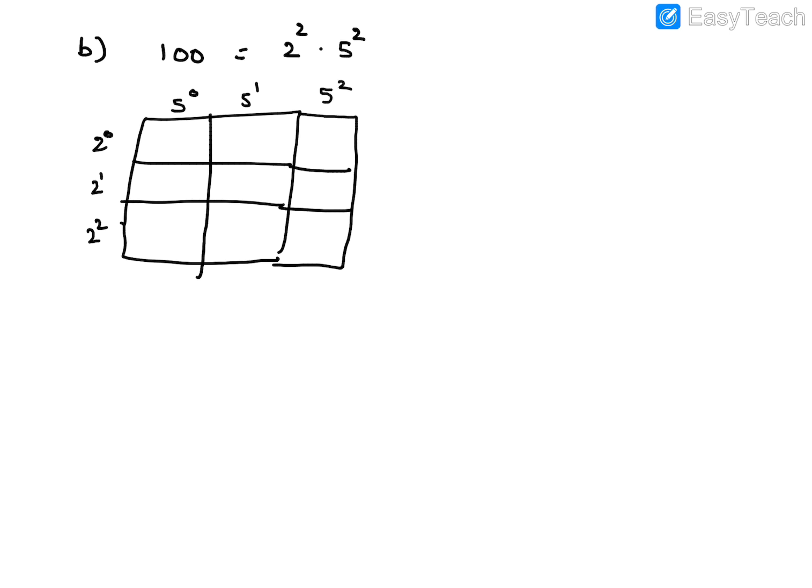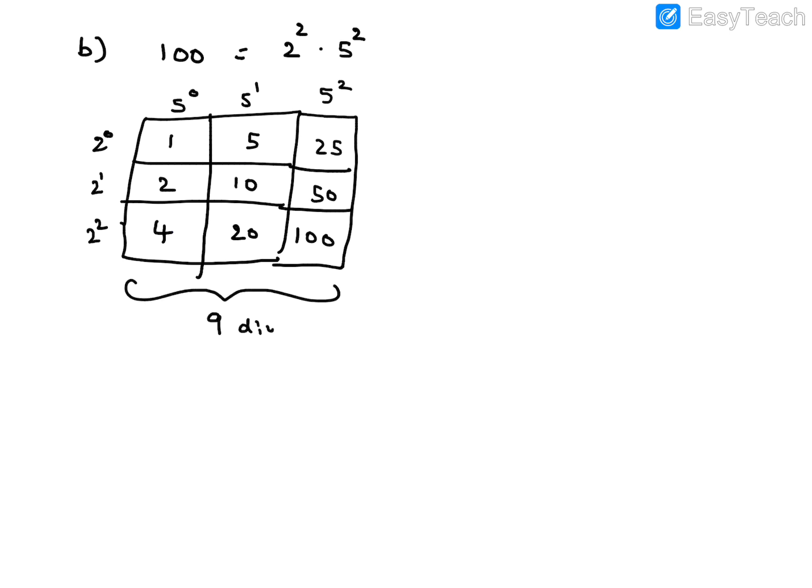Not only that, their products are also divisors of 100. Let's see. So this becomes 1, 2, 4, 5, 10, 20, 25, 50, 100. As you can see, we have 1, 2, 3, 4, 5, 6, 7, 8, 9 divisors of 100.